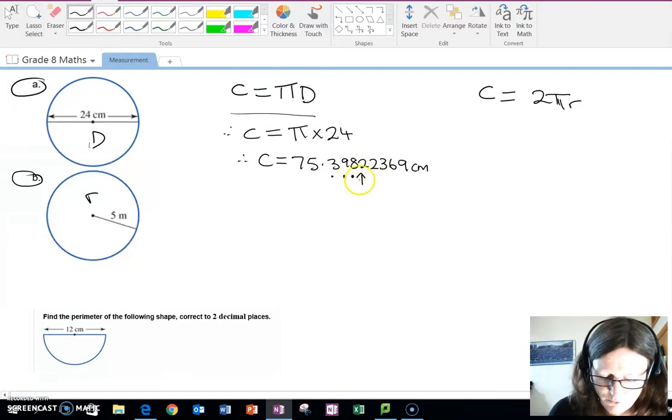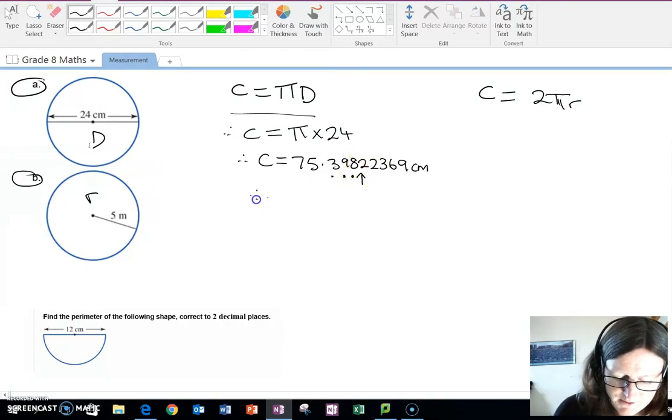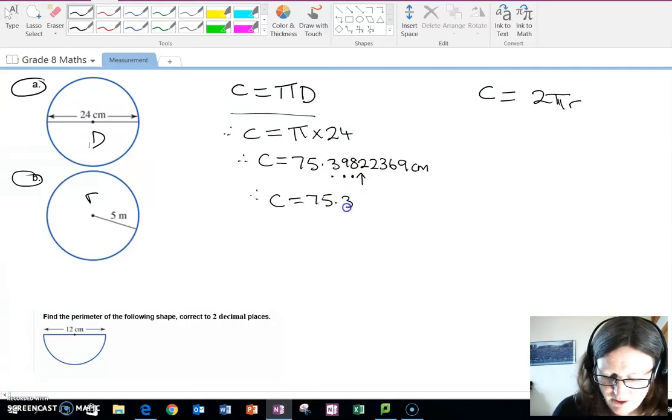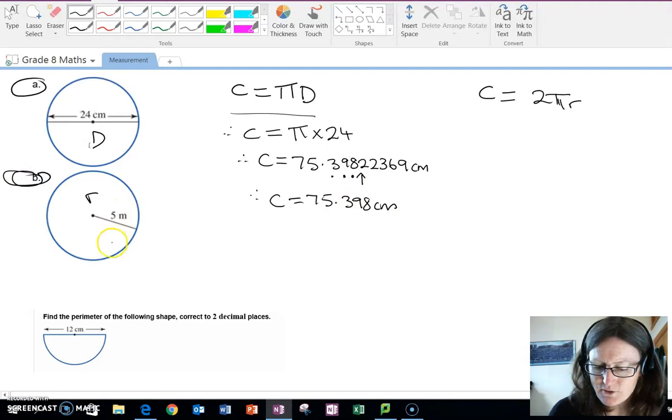If, however, the 4th decimal place is less than 5, then we simply leave this as 75.398 centimetres.